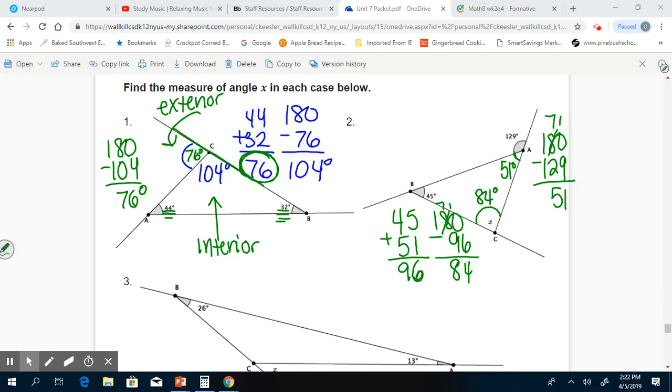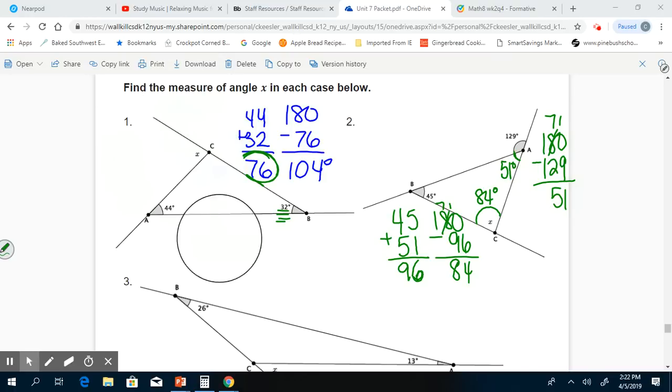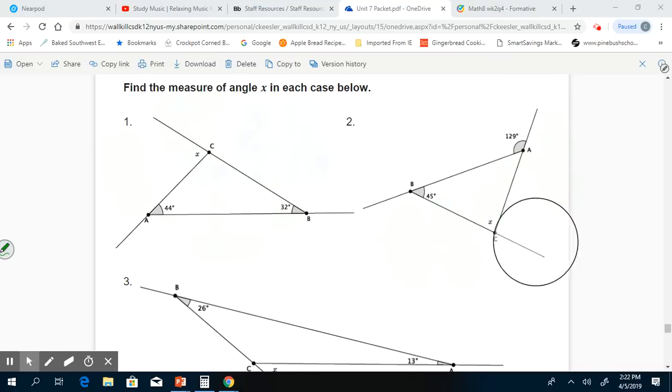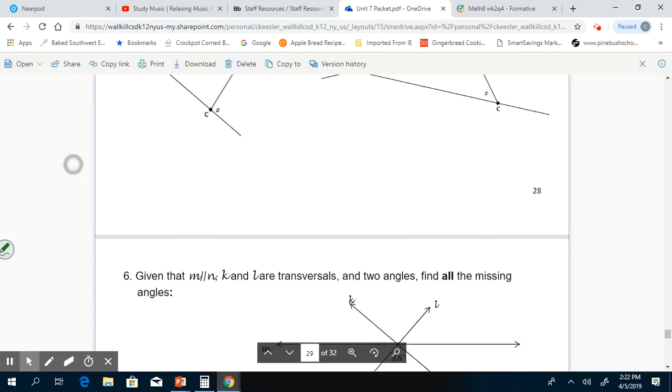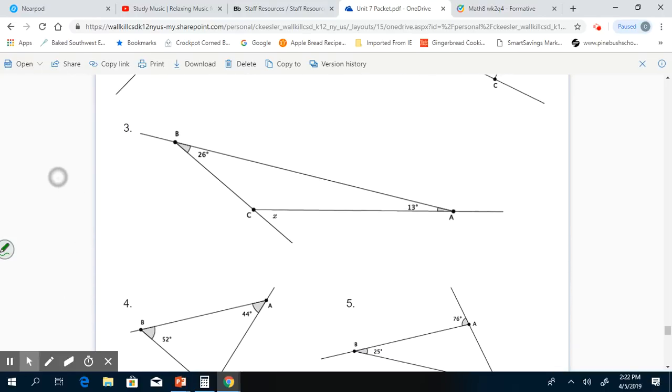Okay, I'm going to do one more example with you before you're on your own on these types of problems. So for number three, we're given two interior angles. We have angle 26 and angle 13. We want to find an exterior angle. To do that, first we want to figure out this angle here.